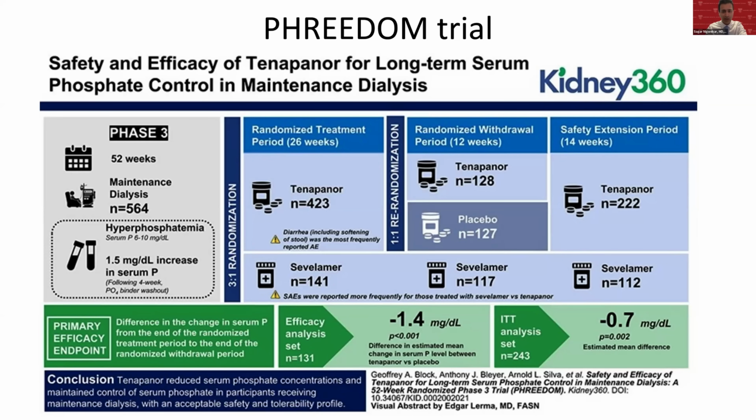So in the middle of that slide, if you can see my arrow, is post-randomization withdrawal, and that's where they studied their primary efficacy endpoint. Without getting into all the details about the study regarding its efficacy, it suffices to say at a high level, the study was positive in terms of its efficacy, and on average, there was a difference of 1.4 milligram per deciliter in favor of tenapanor compared to the sevelamer group. Next slide, please.